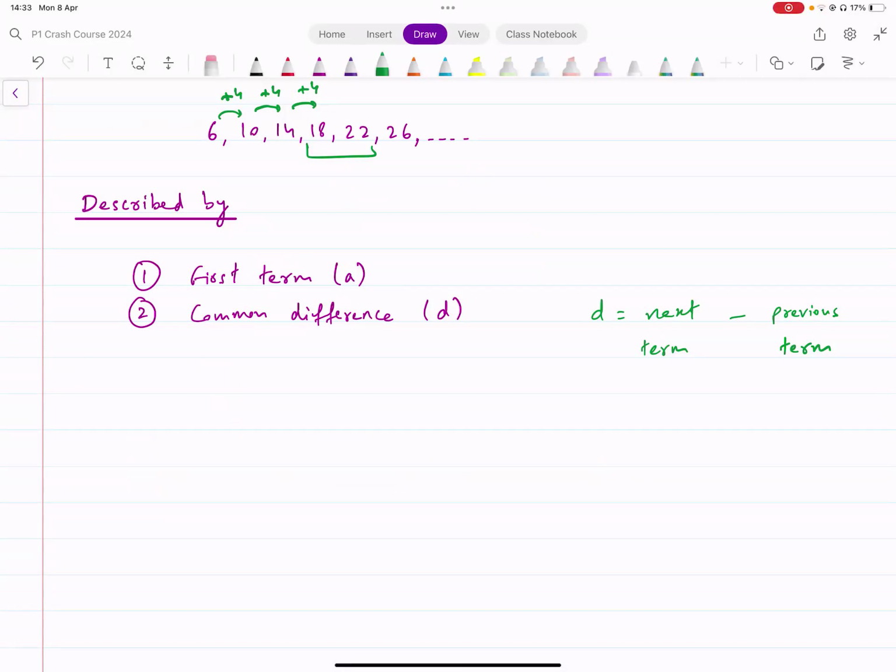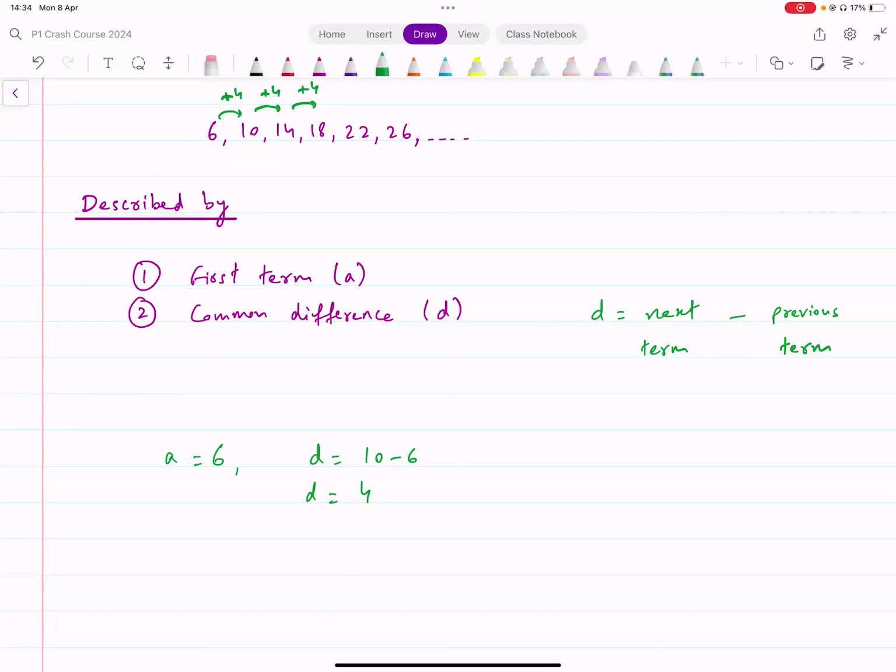So in this case, for instance, you would do 22 minus 18, and that's going to give you the difference, which in this case turns out to be 4. Okay, so the value of A is equal to 6, and for the difference, take any two consecutive terms, you could say 10 minus 6, the difference is 4. These are the values of A and D in this case.